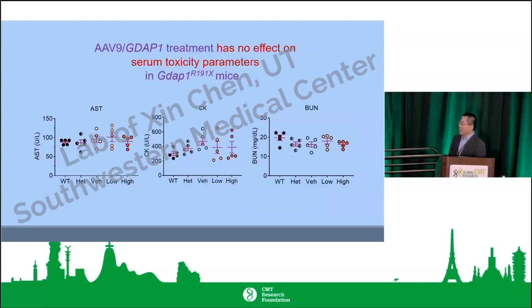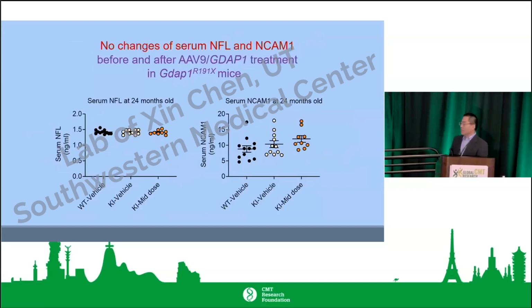We didn't see any effects on the serum toxicity panel, including AST, CK, and BUN, indicating our treatment didn't generate any toxicity in liver, heart, or kidney. We checked potential biomarkers indicated in CMT4A, like neurofilament light chain and cell adhesion molecule 1, but we didn't see much of a phenotype or treatment effect.